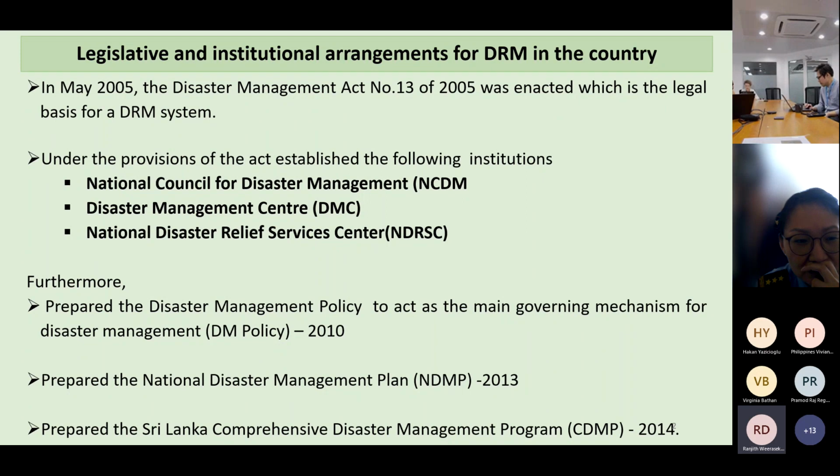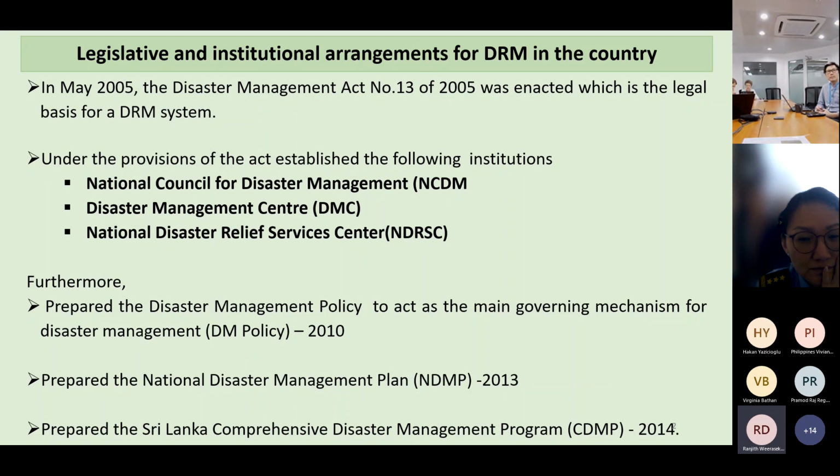Firstly, they established the National Disaster Management Council, NDMC, chaired by His Excellency the President, vice chaired by the Prime Minister, with participants from the opposition, participants from the minority community, and the chief ministers of the 9 provinces. This high-level oversight committee provides directions to the country's disaster risk management process.